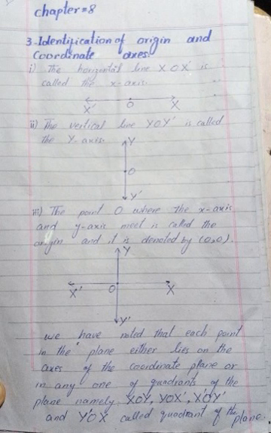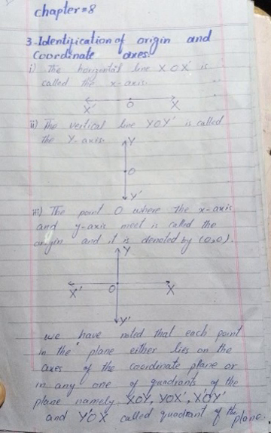The right-hand side of the center is X, so all the values of x will be positive, and the left-hand side of the origin is X', so all the values of x will be negative.